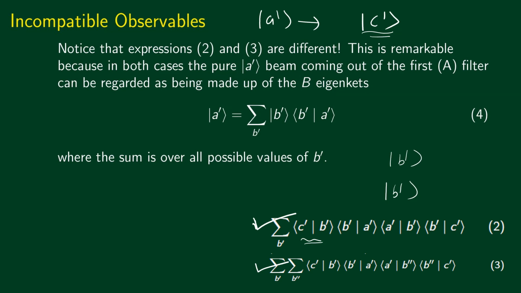All right. So in this case, we added up the probability amplitudes first, found the total probability amplitude, and then found the modulus square. In the other case, we found the probabilities first for passing through each ket B prime, and then added up all the probabilities. All right. And this will in general give different answers.